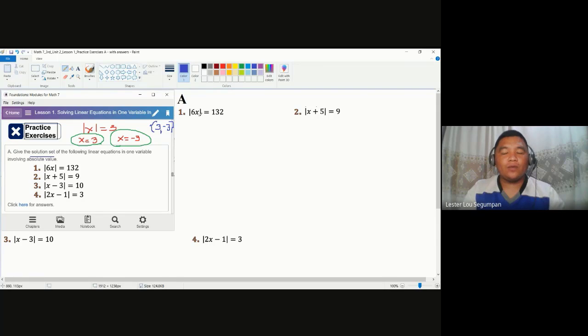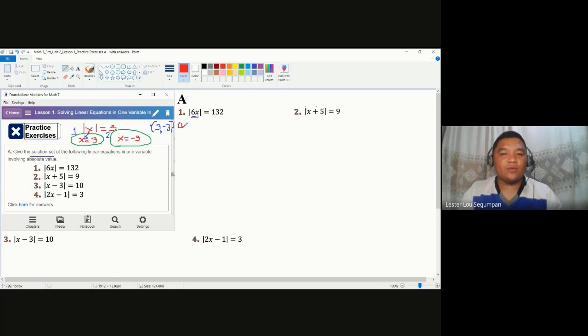But here in number one, we have the expression 6x. So to do this, simply apply the two cases. We can consider this case one and this case two. Case one is taking the value of the expression here, not just the x itself.